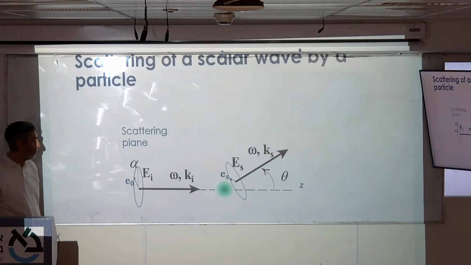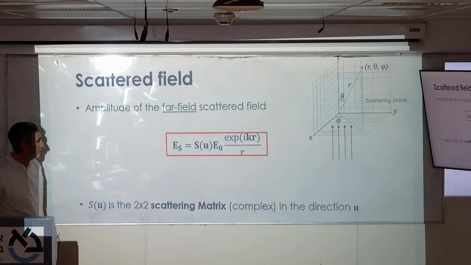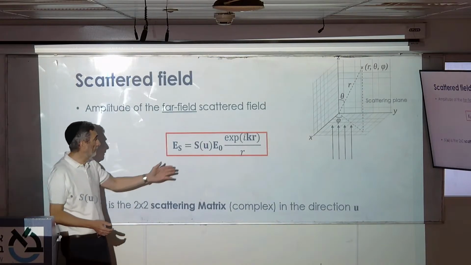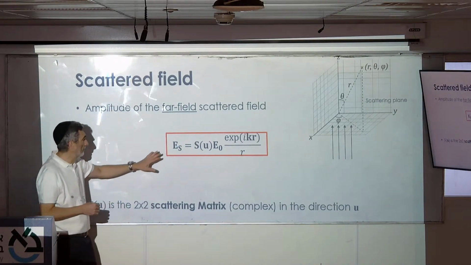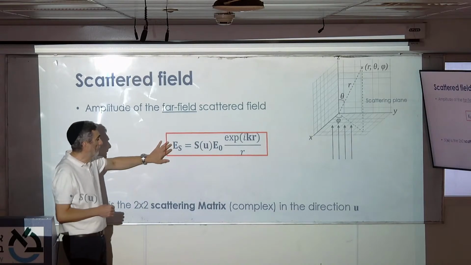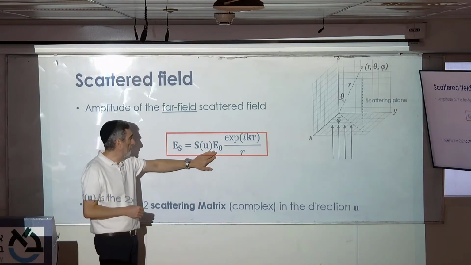So that's a more complex function. Okay, actually, it's not a function anymore. This is like a tensor. Okay, so the scattered field is related to the incident field.